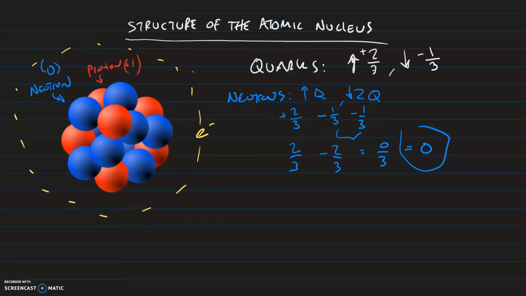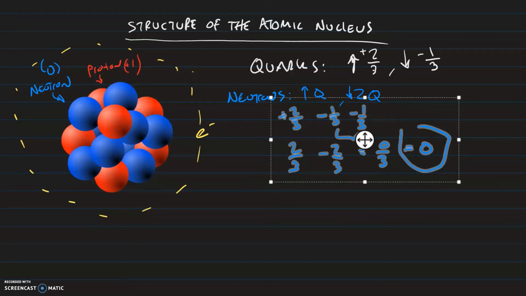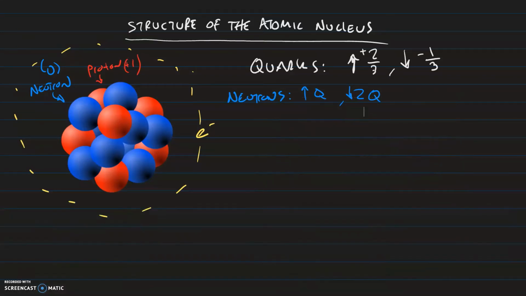Now let's look at the proton. I'll leave this information about neutrons up still because I find that rather helpful information. All right. Now for protons, they are the opposite. Protons have 2 quarks that are in the positive or upward direction, or an upward spin, and they have 1 quark with a downward spin.